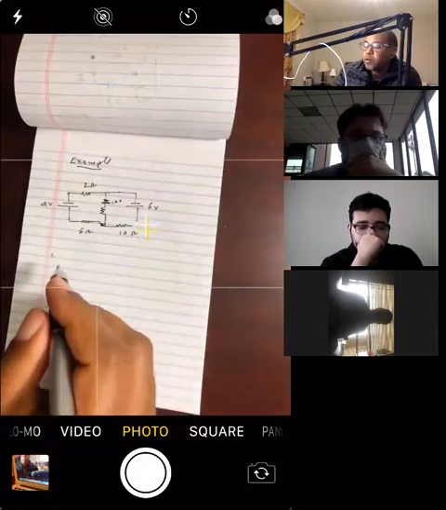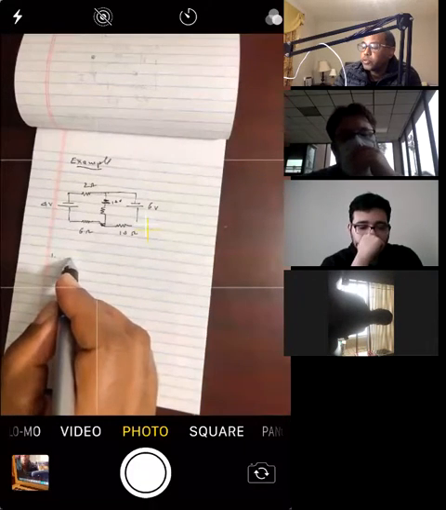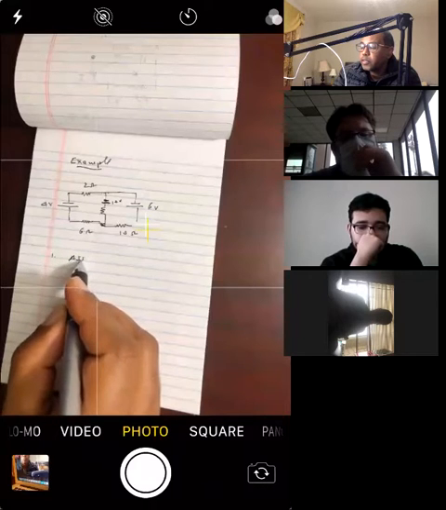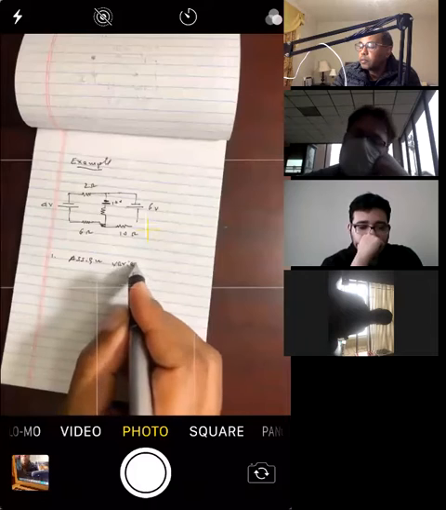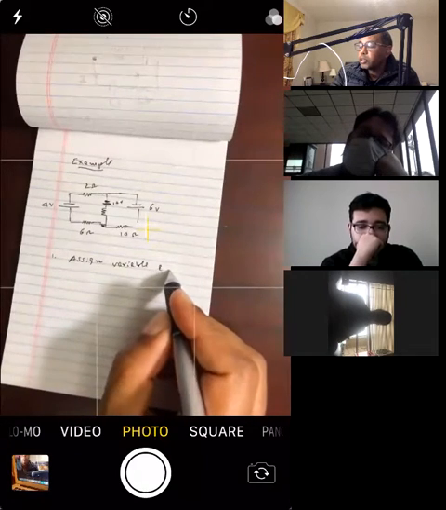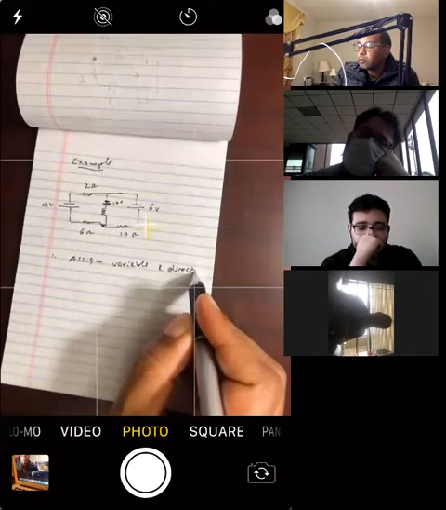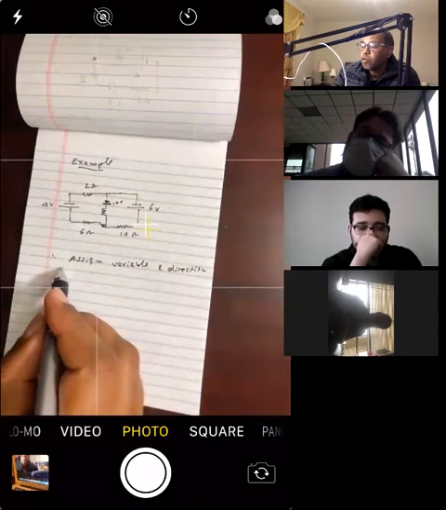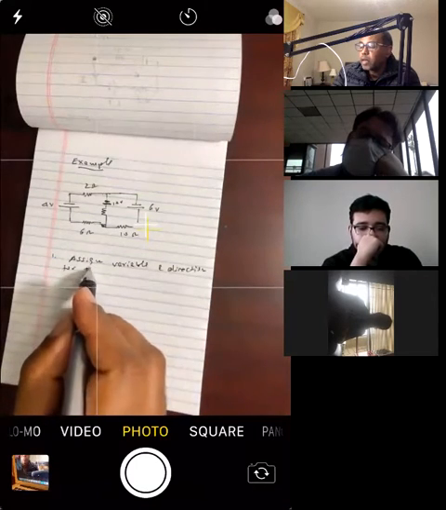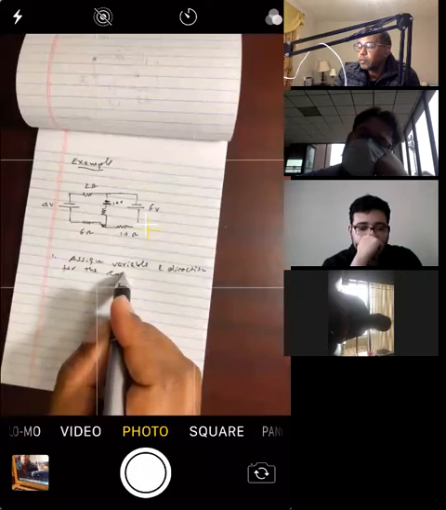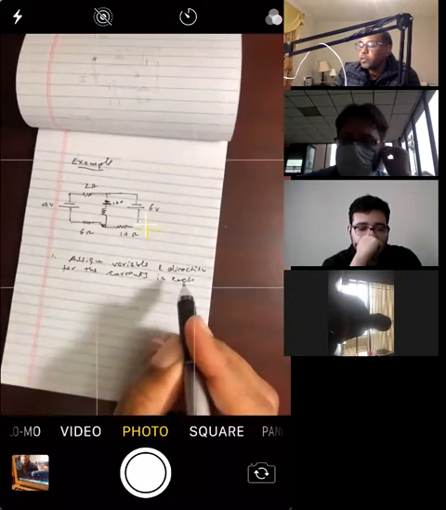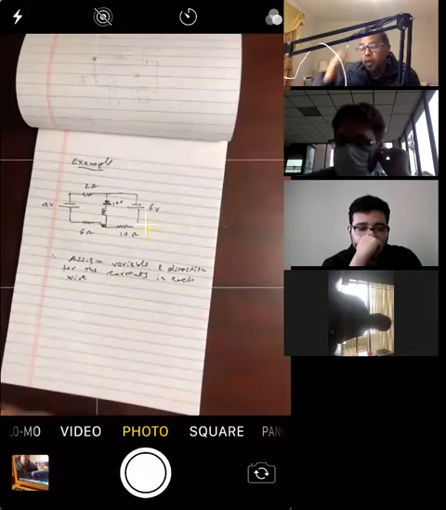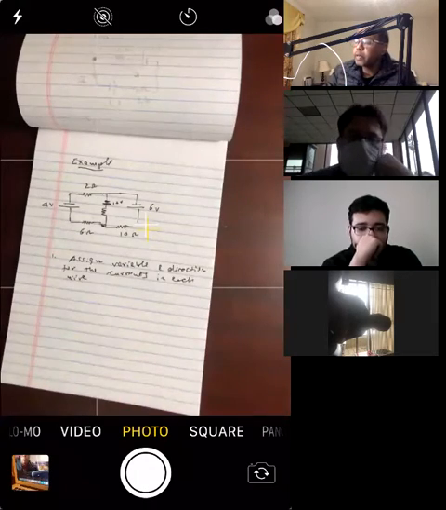Okay. So the first thing you have to do is assign a variable and direction for the currents in each wire. So in this case, I have 3 wires. I'm going to have 3 currents. Okay.